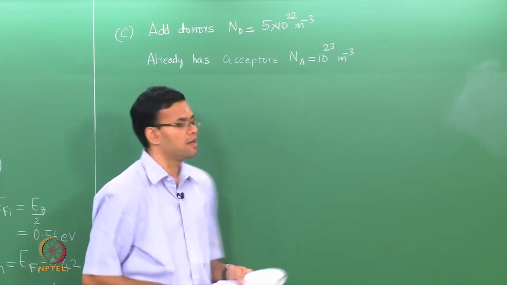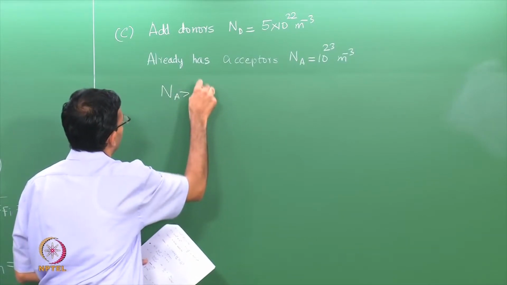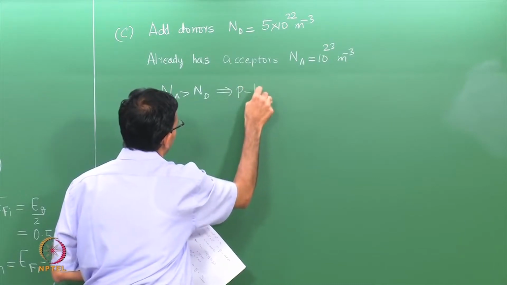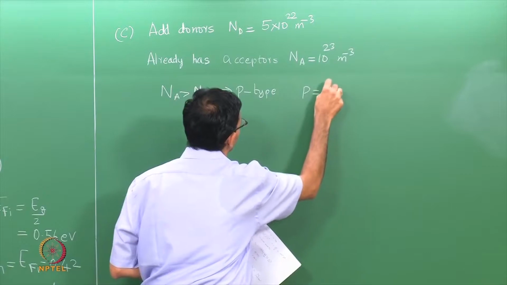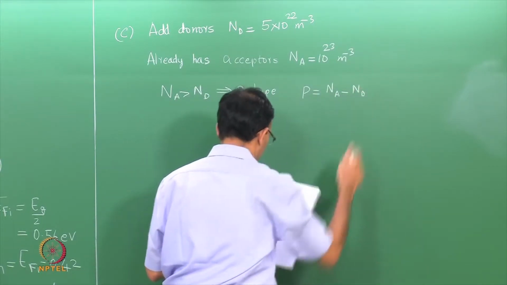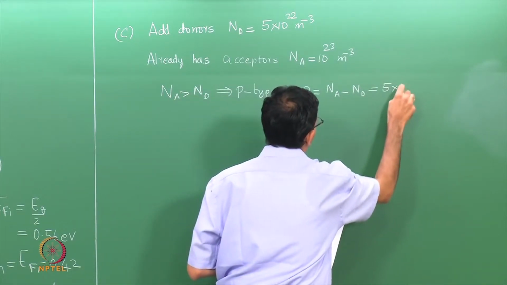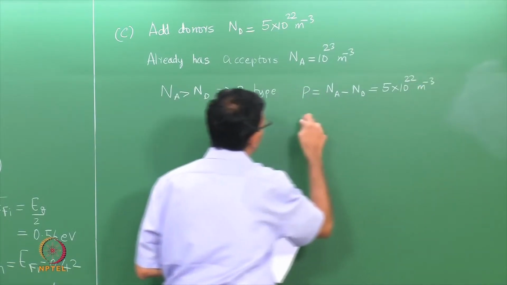In this particular case, Na is greater than Nd. So, ultimately the material becomes p type and the concentration of holes is just Na minus Nd. So, P is 5 times 10 to the 22 per meter cube.